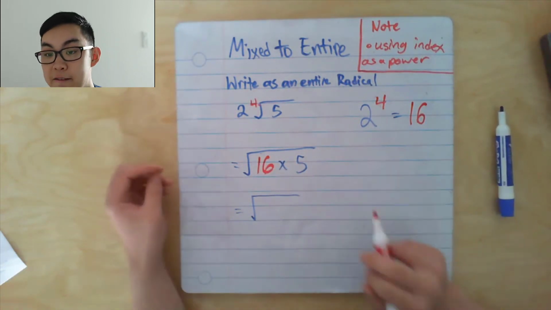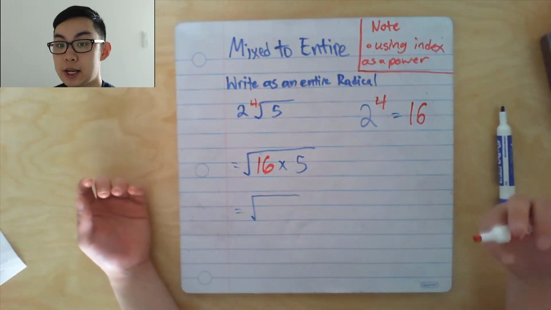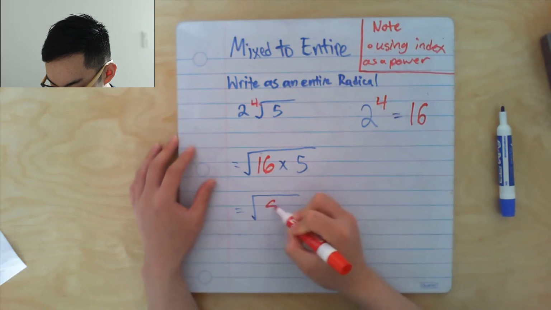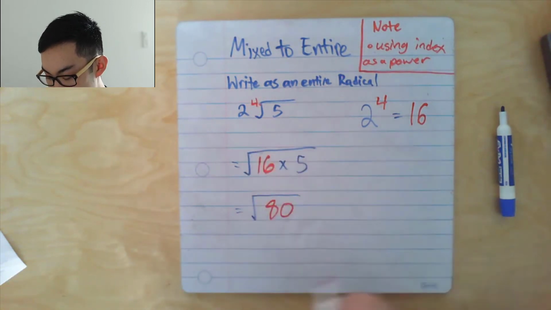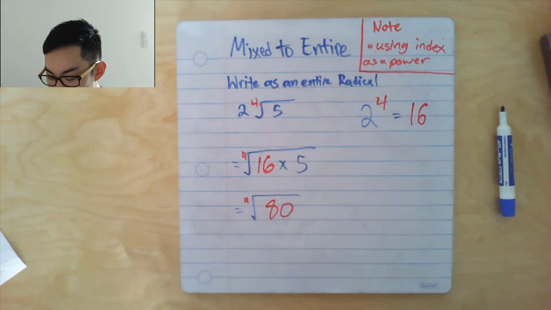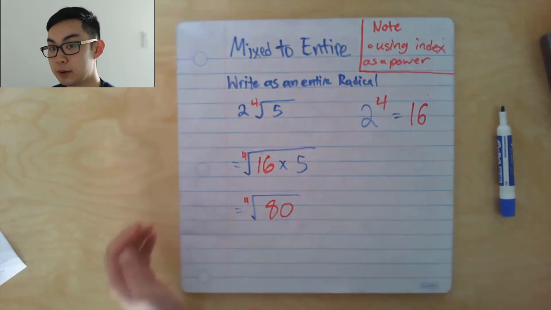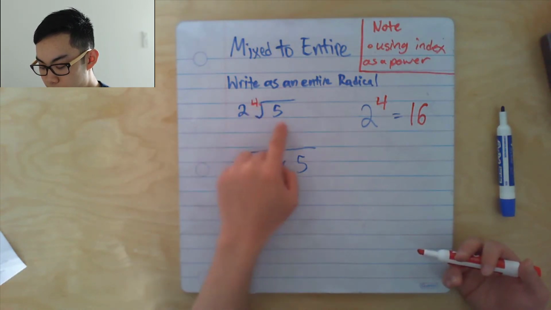And now I have 5 times 16. And typing that into a calculator, I'm going to get the number 80. Oh, let's just be careful. I wrote square roots everywhere, but it's actually a 4th root. So the 4th root of 80, if I were to simplify that, gets me 2 4th root of 5, and vice versa.